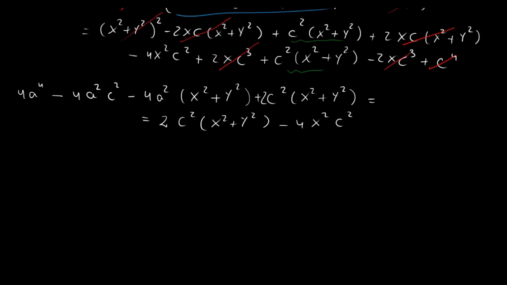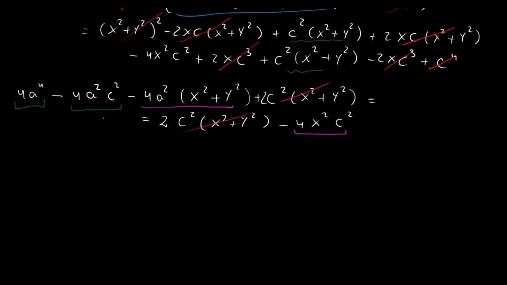Here we can see two other terms that will cancel out, and here we find that this term and this one do not depend on either x or y, and this term and this one do.